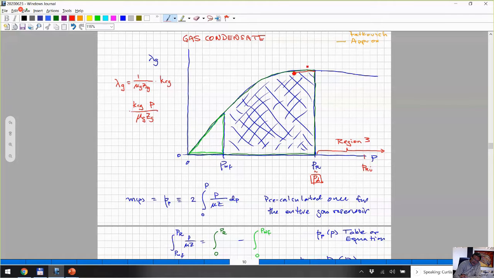Okay, so this is our region 2 behavior, and you see there's not much area loss, right? But when you get to region 1, this guy's going to go down, drop like a rock. Something like that.